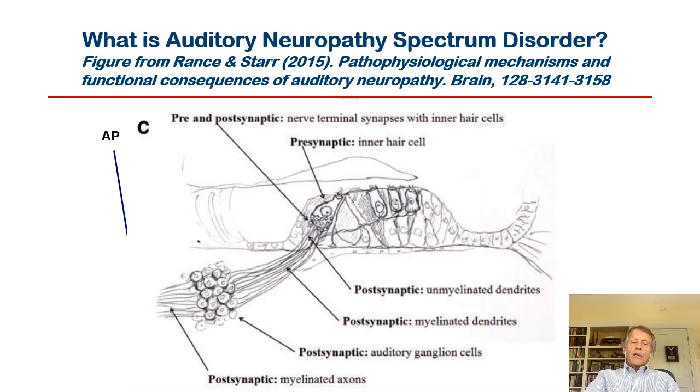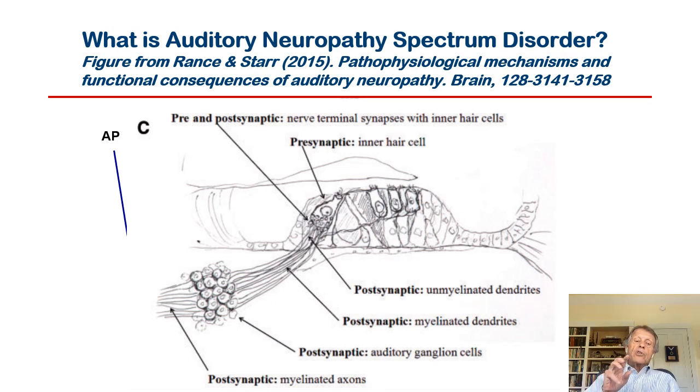So what is our goal here? Our goal with ECOG is to identify which part of the ear, which part of this peripheral auditory system is actually abnormal and what's working normally. The outer hair cells, typically in pure auditory neuropathy, are functioning well.